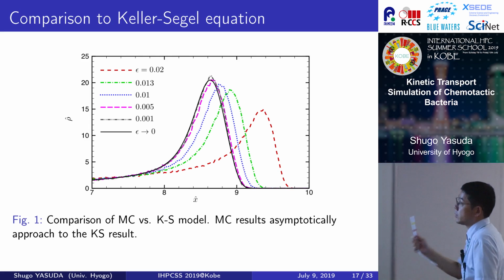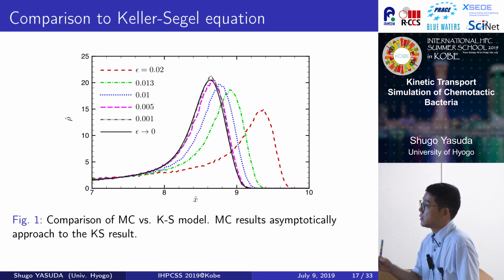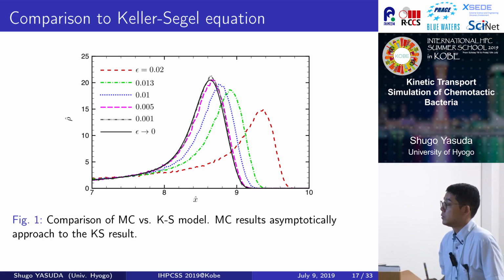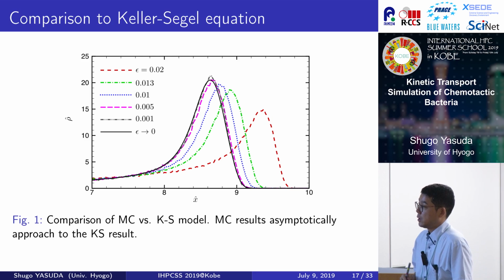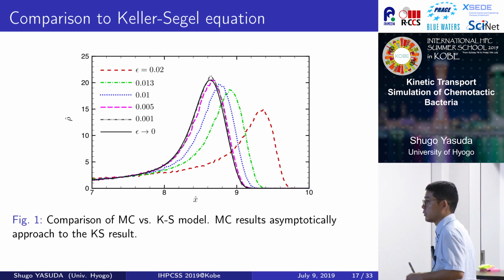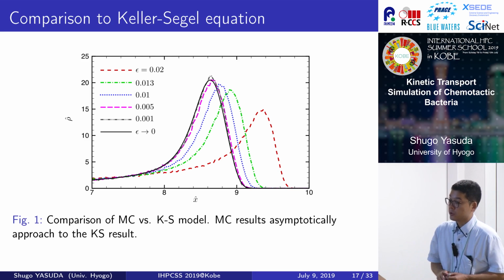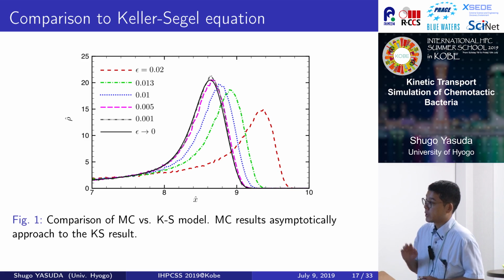And when we decrease the parameter k, our Monte Carlo simulation result becomes close to the continuous limit equation. So this result demonstrates my Monte Carlo simulation can reproduce the convergence to the continuous limit numerically, just numerically.